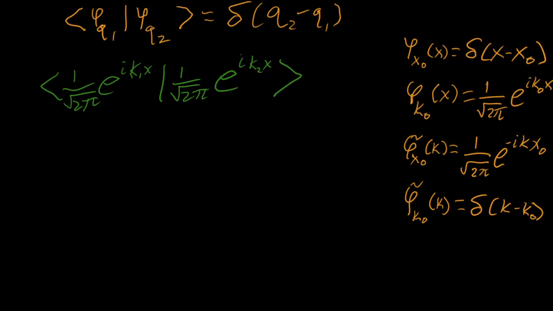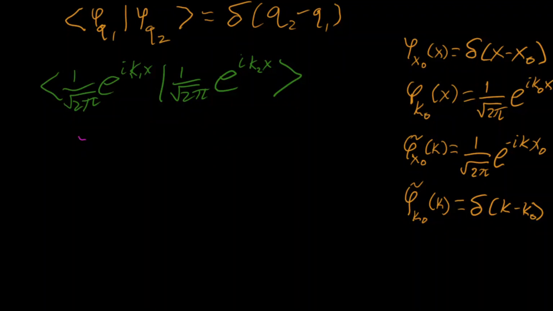Just to show you again, this is phi sub k1, and this is phi sub k2 of x in the x basis. Okay, so hopefully you have that down. I'm going to erase these just to make this look clean.